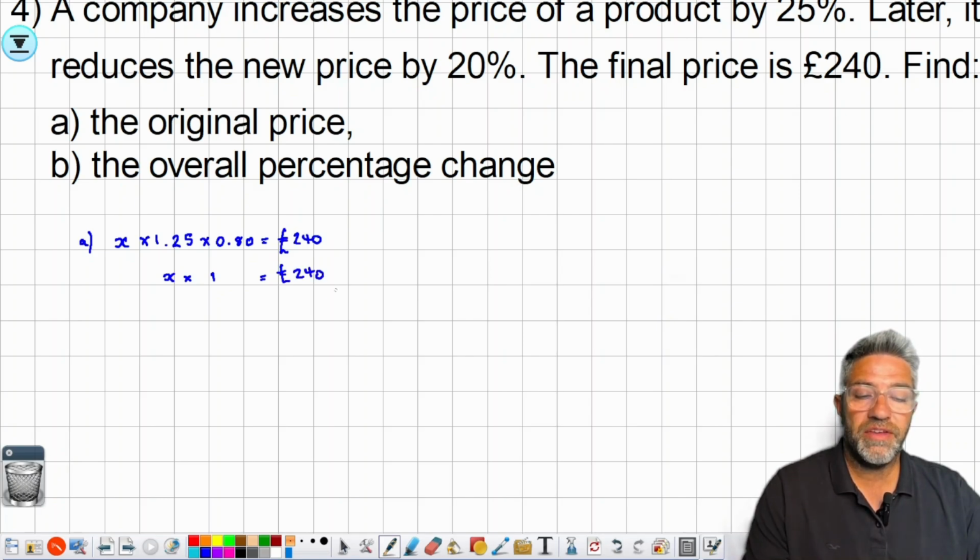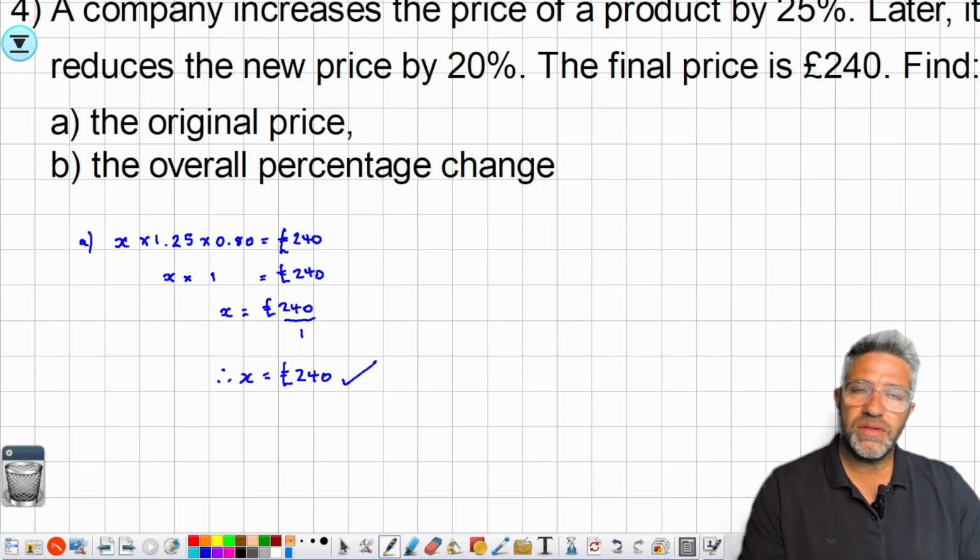I wonder how many of you had already realised. So to get our starting value, X equals 240 over 1. Therefore, the starting price was indeed £240.